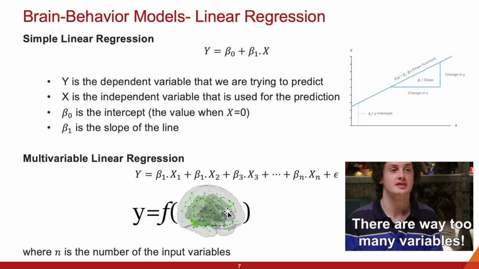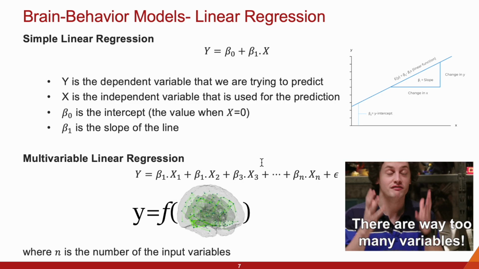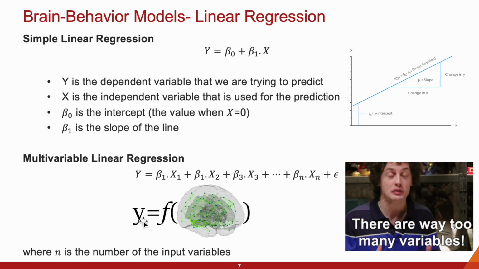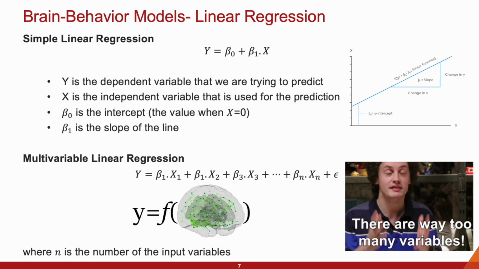For example, in functional connectivity metrics, when we vectorize them, we have 3655 features that we need to combine all together to predict cognition. So we need to use, in this case, multivariable linear regression models so that we can better understand the complex relationship between neuroimaging data and cognition.